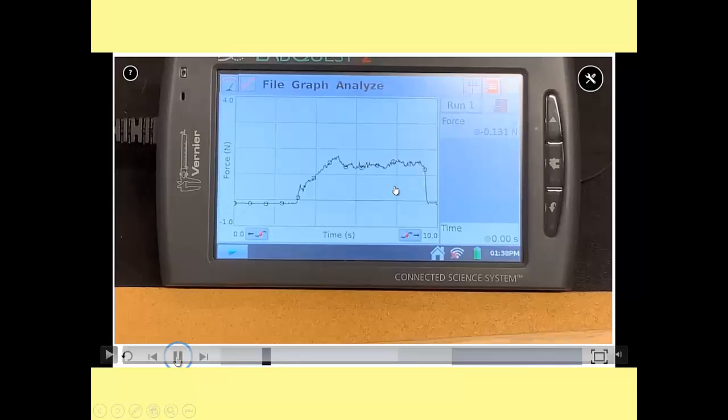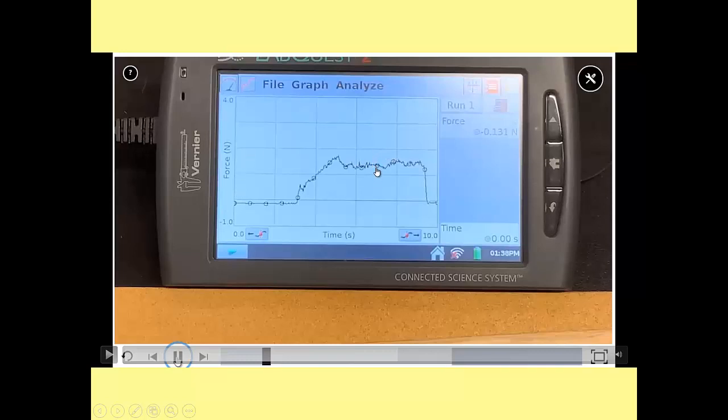So what they want you to do instead is estimate: pick a point in the horizontal part. Not after it stops, not before it gets moving, but this part. Then you've got to estimate the force of friction. Again, this is where the scaling is super important, which is going to be different in different trials. So if this is 0, 1, 2, it's obviously more than 1 and less than 2.